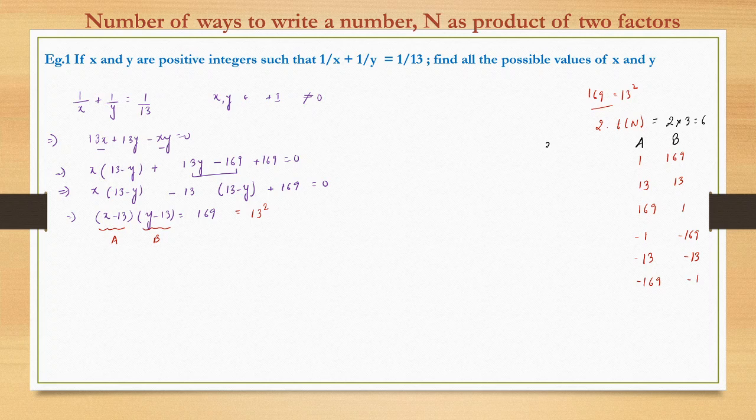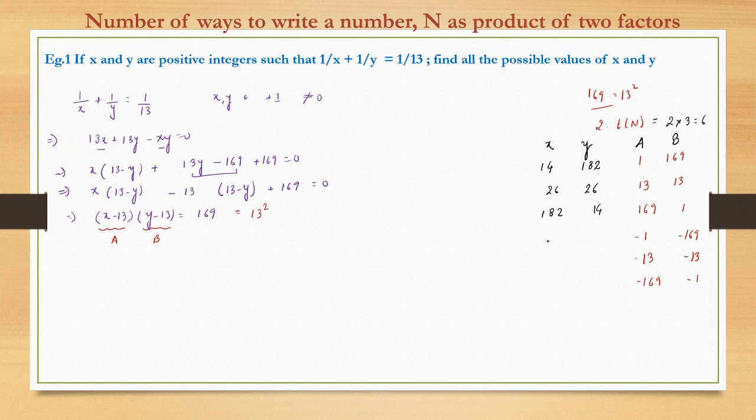So what would be the value of x and y? Here a is x minus 13, so x would be 1 plus 13, which is 14, and y would be 182. If this is the case, then it will be 26 and 26. Now if it is 169, then it becomes 182 and this becomes 14.